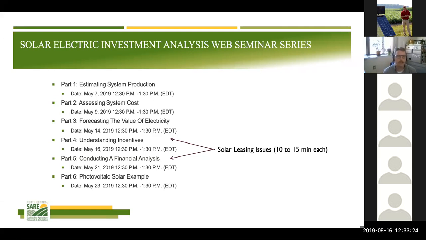Today's presentation is going to be on understanding incentives. So we're going to spend a lot of time talking about the incentives related to solar and other renewables. And there is going to be some time in this particular segment today that we're going to spend on the topic of solar leasing, which is the idea of utility scale solar or large scale solar coming in and trying to lease land from farmers to build these large systems.